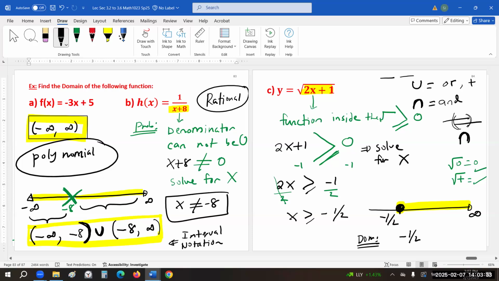Since we are allowed to use -1/2, do you get bracket or parenthesis? Bracket. Bracket means we can use that number. See here, we could not use -8. That makes it an inequality. So use parentheses. But here we can use the -1/2.